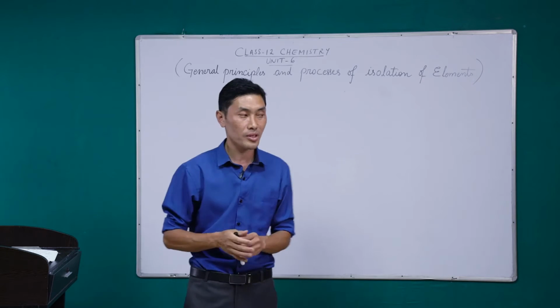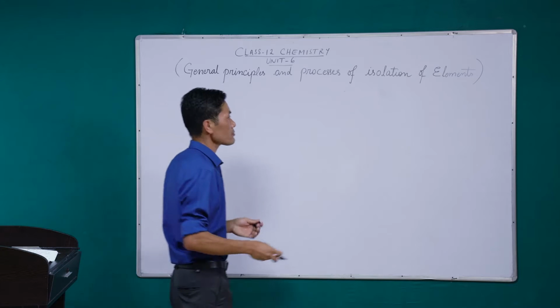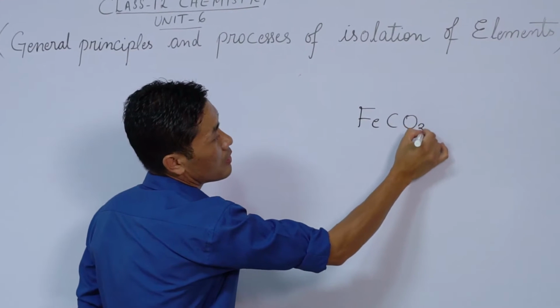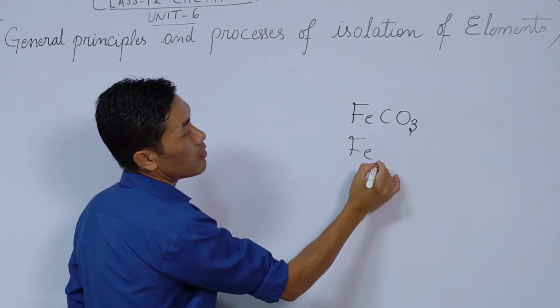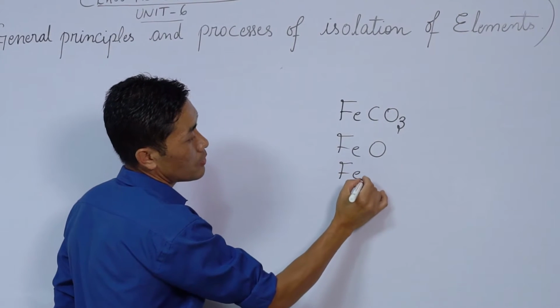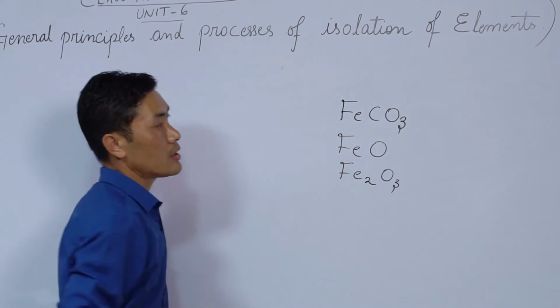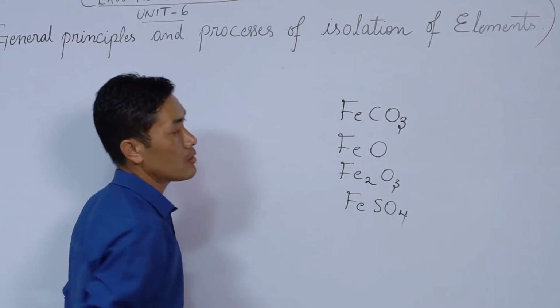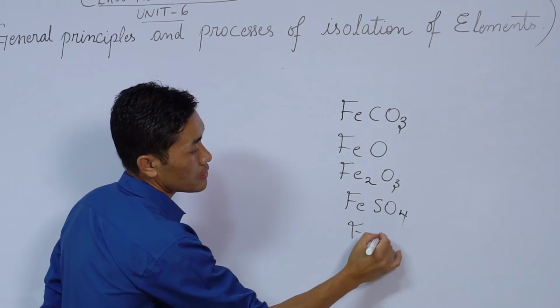Let us see an example here. In the case of iron, iron can be found in the form of carbonates. It can be found in the form of different oxides like ferrous oxide or ferric oxide. It can be found in the form of sulfate or in the form of hydroxide.